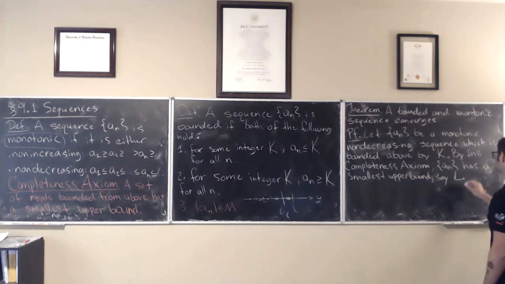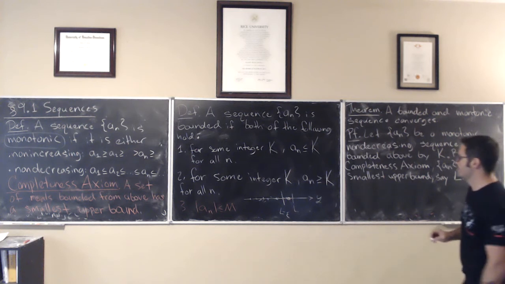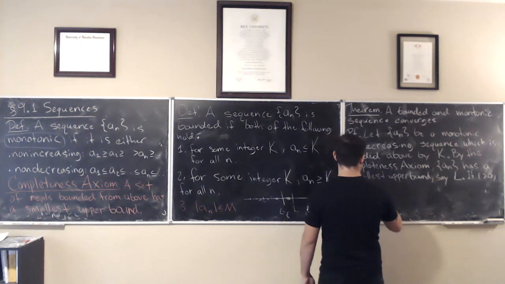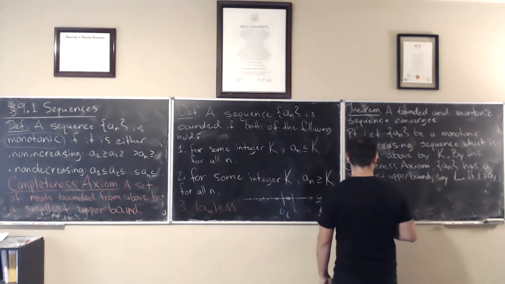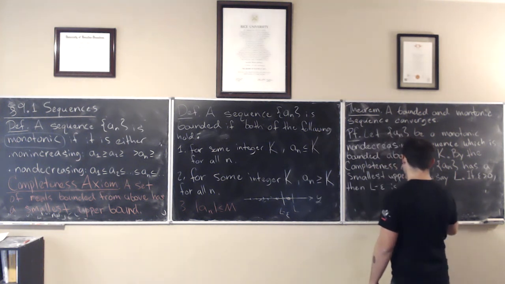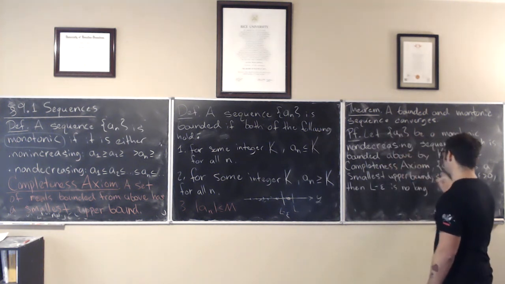So if epsilon is greater than 0, then L minus epsilon is no longer an upper bound for A sub n.